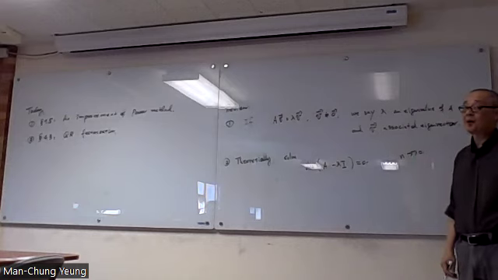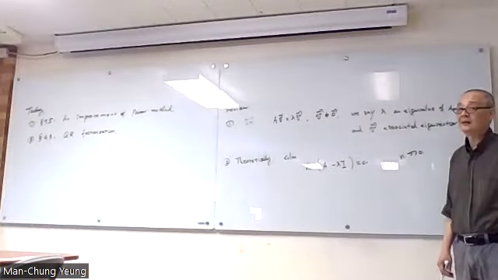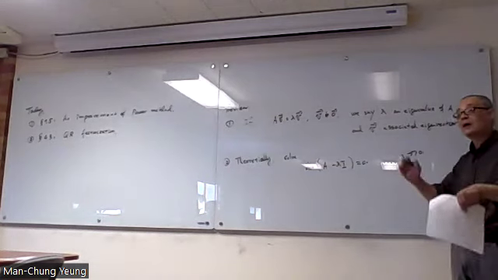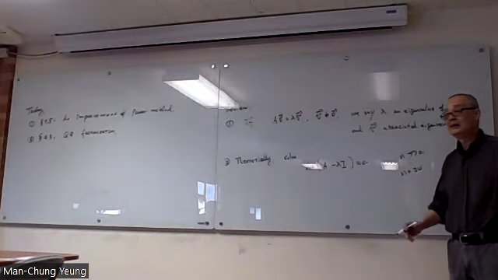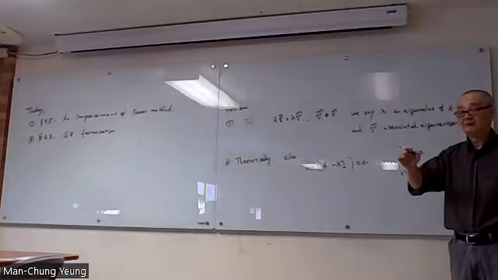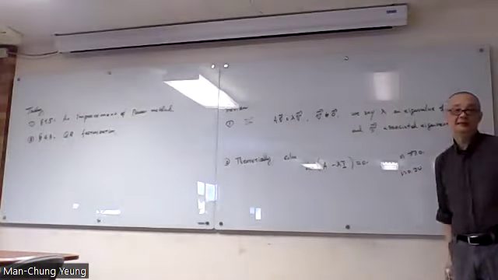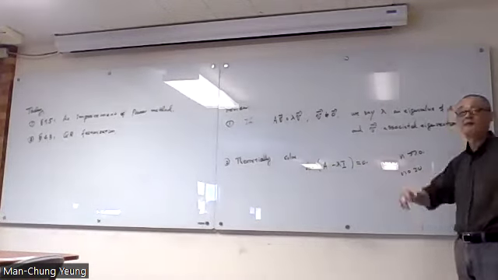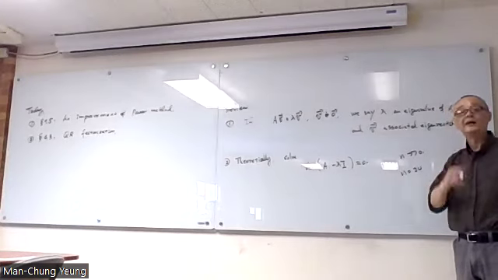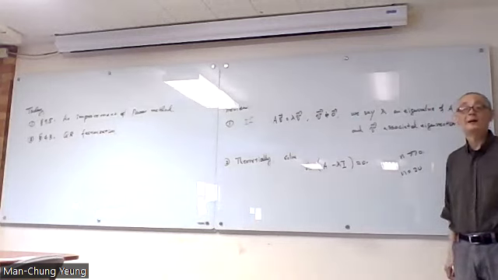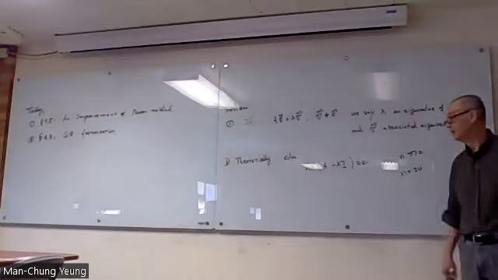I have one example from the beginning of the semester: expanding a 20 by 20 determinant by a supercomputer took many years. So if n is large, usually n is very large. How large? Billions, billion by billion. The matrix is common nowadays.